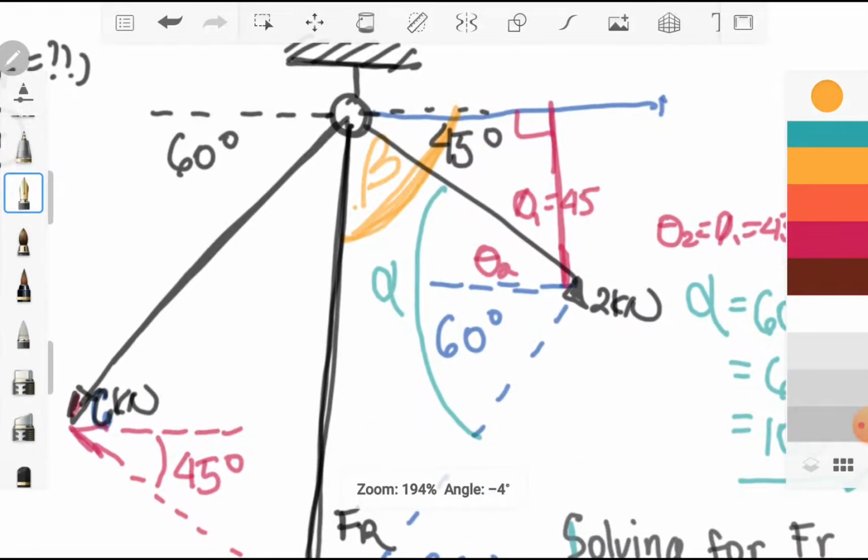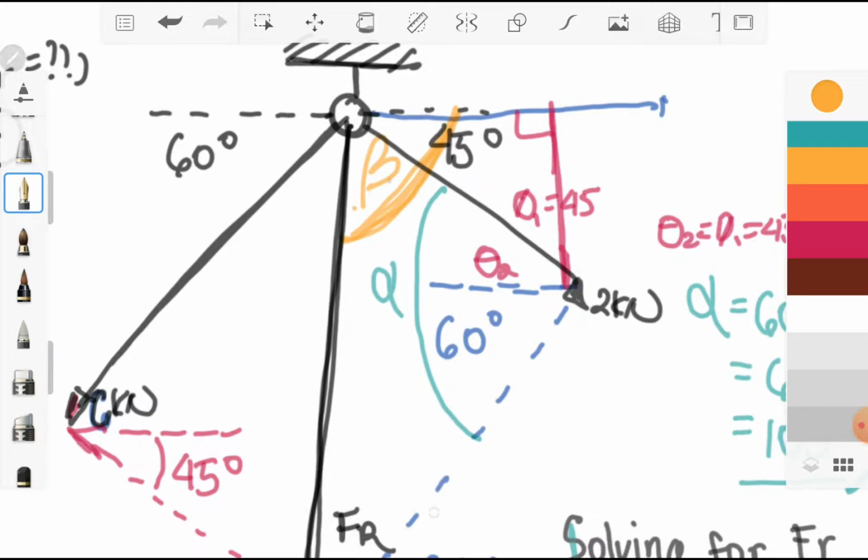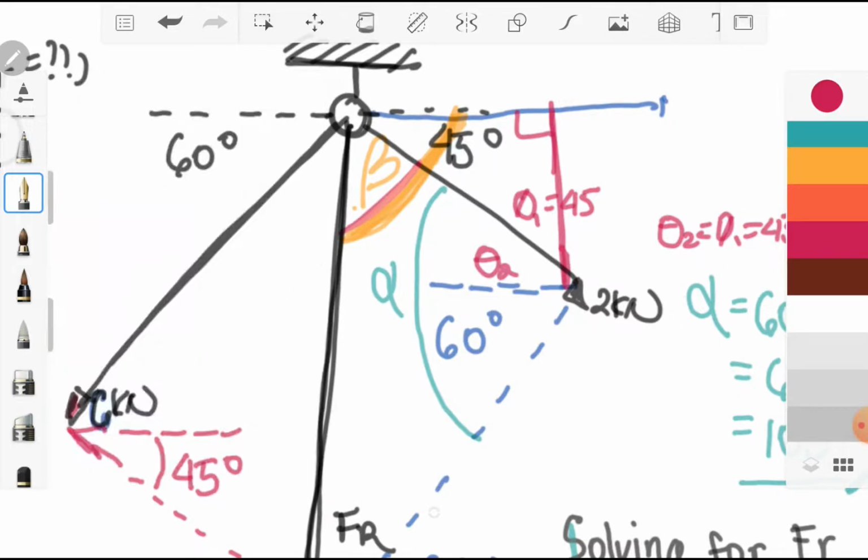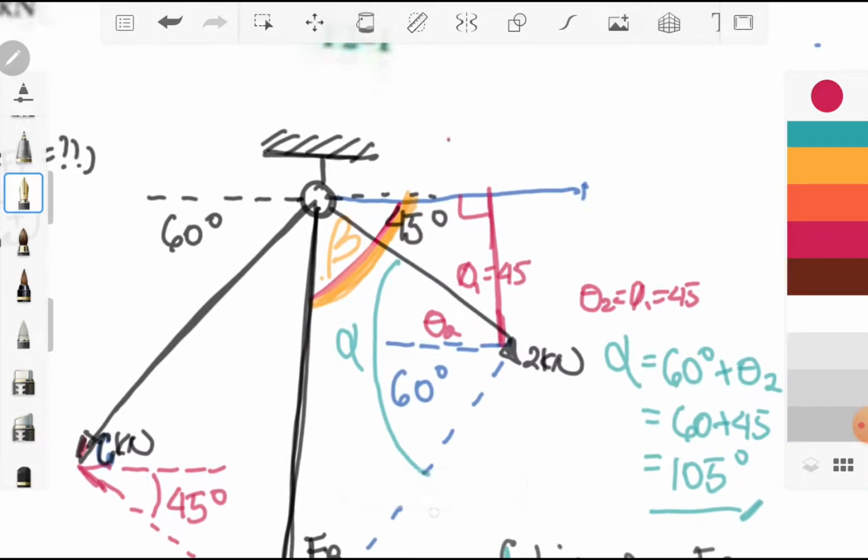Beta is just equal to the angle of this triangle plus the angle of 45 degrees. I will project this angle as phi, so beta is equal to phi plus 45 degrees.